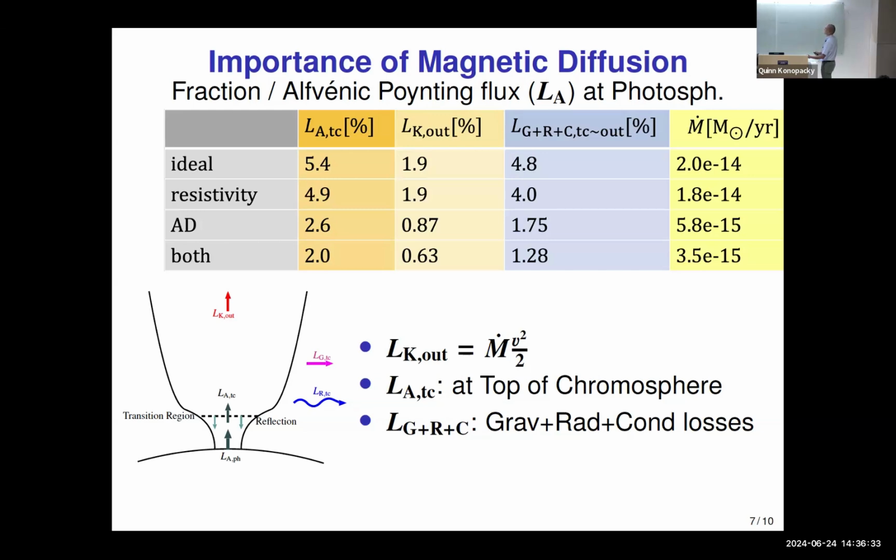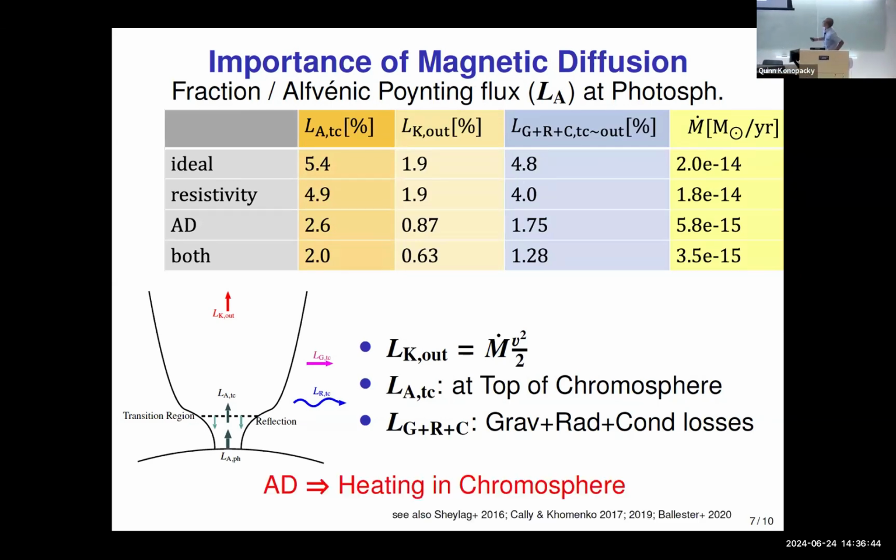But if you include ambipolar diffusion, the mass loss rate is reduced by a factor of 4, 6, or 7. This is mainly because the Poynting flux that can reach the corona is greatly reduced because of the dissipation of magnetic energy in the chromosphere. And as a byproduct of that dissipation, chromospheric heating is enhanced in the cases with ambipolar diffusion.